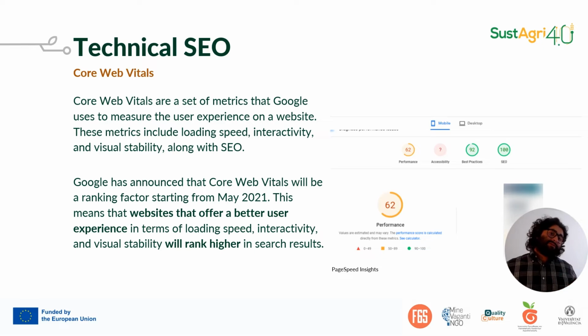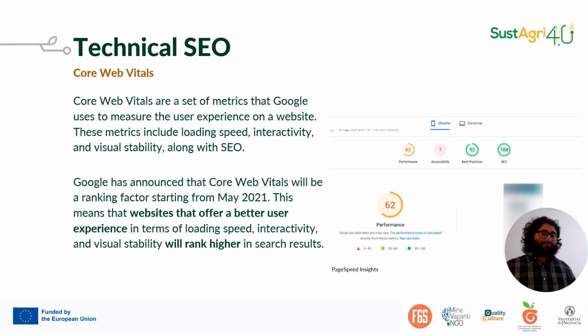Core Web Vitals are a set of metrics that Google uses to measure the user experience on a website. These metrics include loading speed, interactivity, and visual stability. Improving your Core Web Vitals score is mandatory to rank higher in the search results.